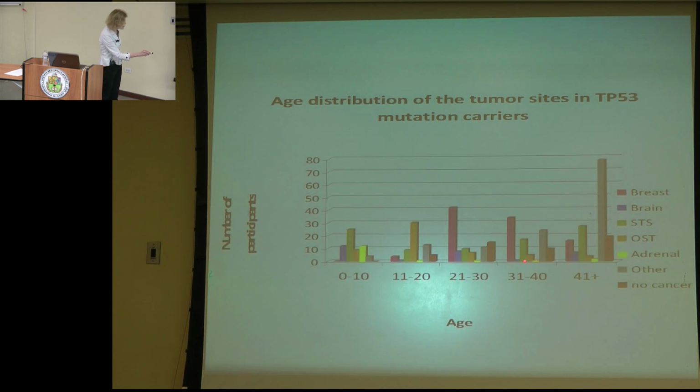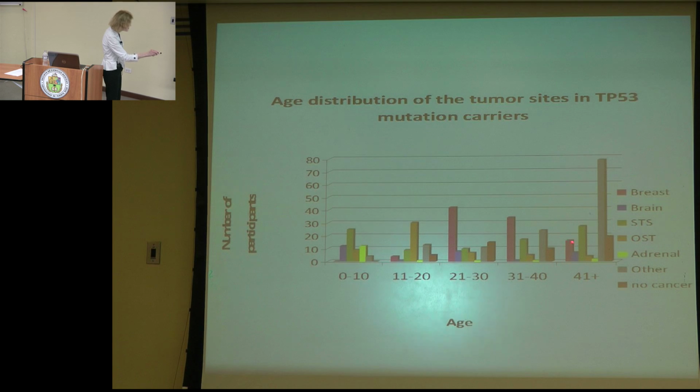As we get into 30s and 40s, breast cancer is still predominant, sarcomas are still there, but you're seeing a larger percent of the tumors that are other, not one of the core types of tumors. And when you get over 40, the other tumors become dominant. So the older individuals who get tumors in Li-Fraumeni syndrome, if they're not identified because they're part of a family with younger ones, are going to be totally missed.